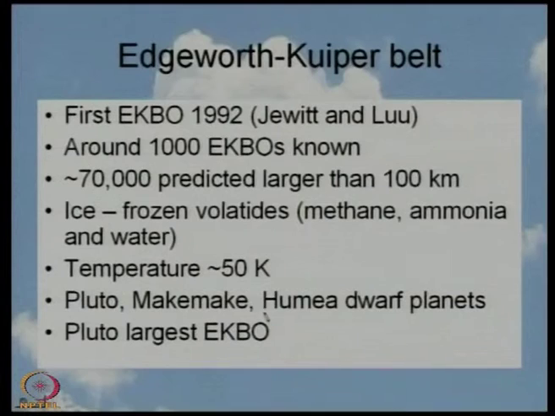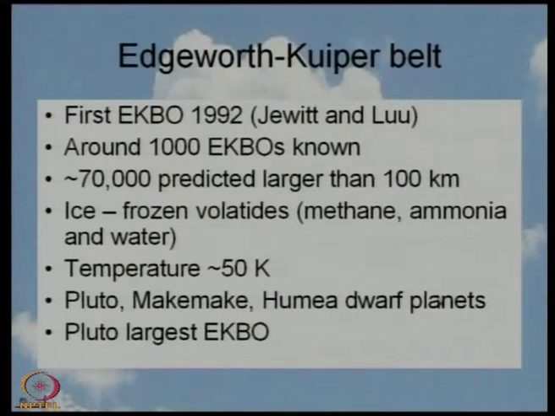I told you about dwarf planets in the last class, and I told you that in addition to Pluto, there is Ceres and Eris. We also have two more, Makemake and Haumea. These are parts of the Kuiper belt, and they are dwarf planets. It is anticipated now that many such objects comparable to Pluto in size will be found in the future. So, it is not meaningful to maintain Pluto as a planet anymore, it is more like a Kuiper belt object.